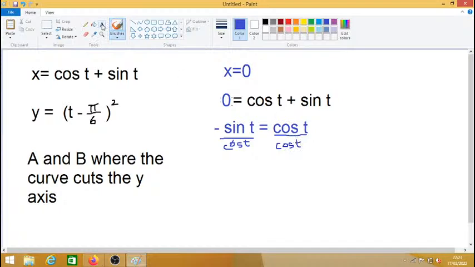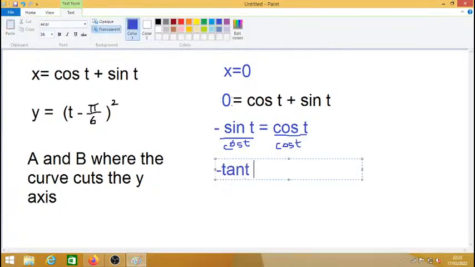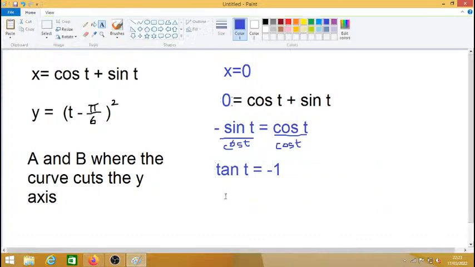So we should end up with sine over cos is tan, so that works out to be minus tan t. And cos t divided by cos t is just 1. So we have minus tan t is equal to 1. Take the minus on the other side, and then you have tan t is equal to minus 1.